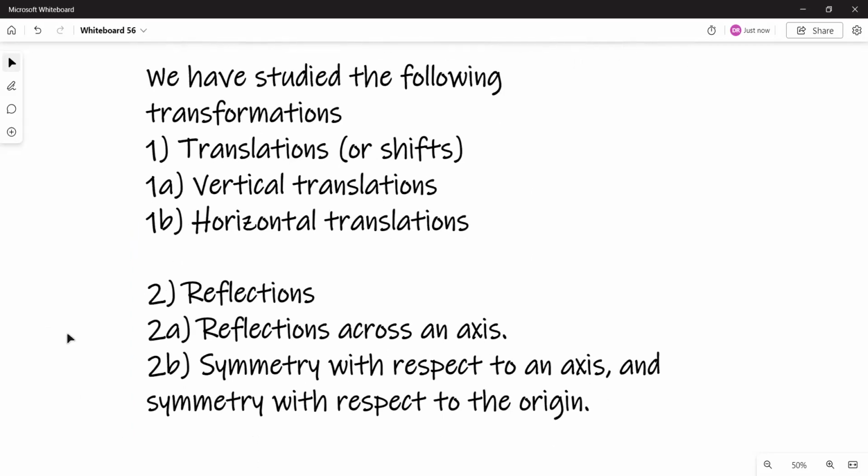So if a graph is symmetric with respect to both the x-axis and the y-axis, the graph is going to be symmetric with respect to the origin, but not necessarily the other way around. A graph might be symmetric with respect to the origin, but does not have to be symmetric with respect to the axis.